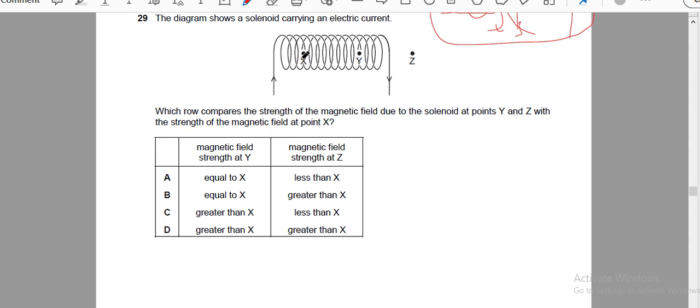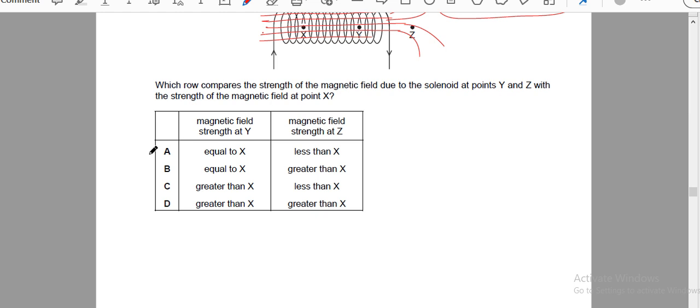At y is equal to x, yes, because field lines inside the coil are parallel and there is a uniform distribution, so we have the same intensity here. But as we go outside the coil, the lines get away from each other, and so the strength is reduced. So A is correct.